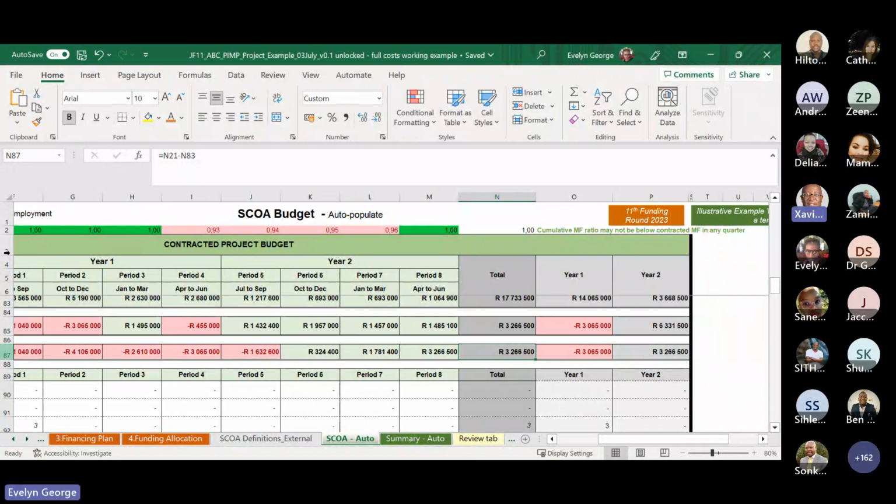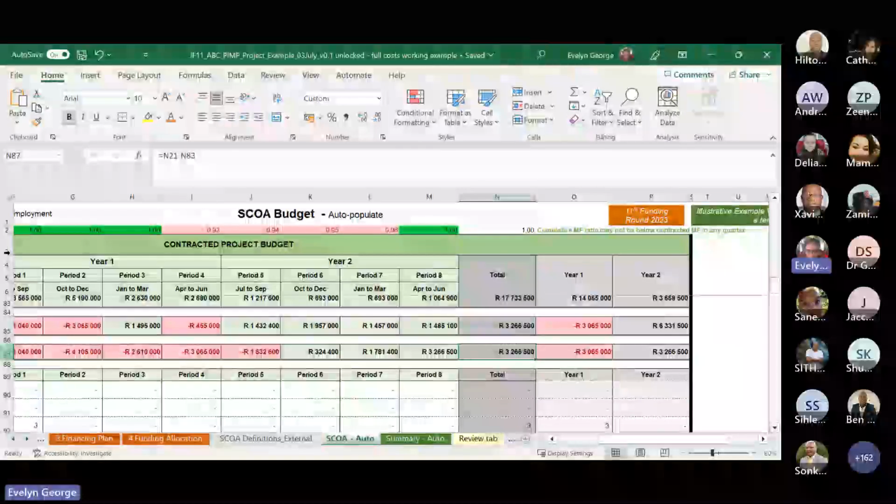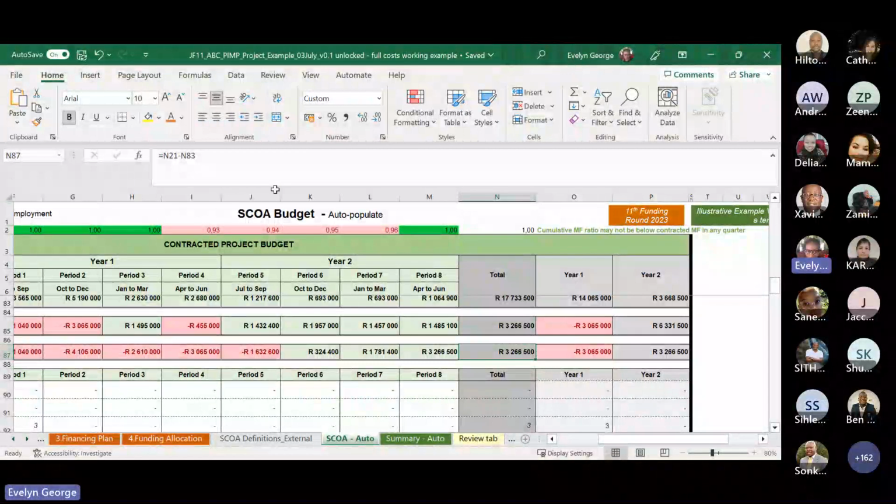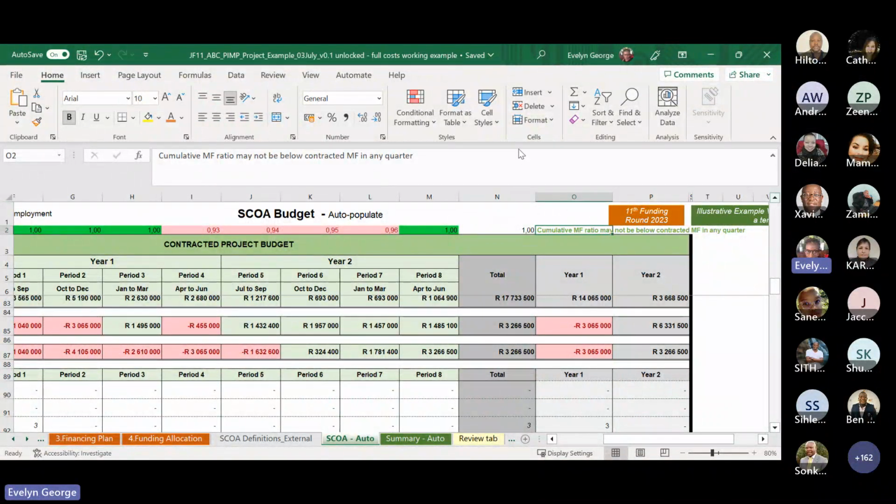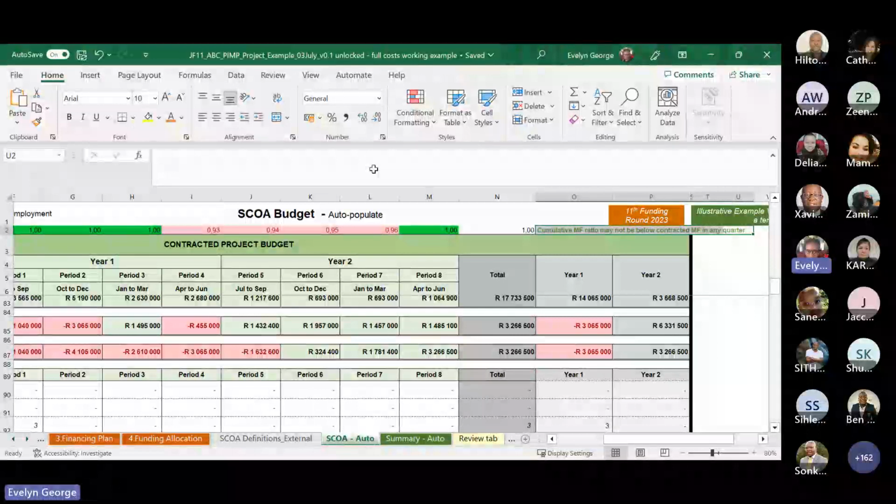Thank you. And then maybe just as we close, just to cast your attention to this notification. This is for illustrative purposes, but I think this section does still appear in the PIMPs for the applicants.